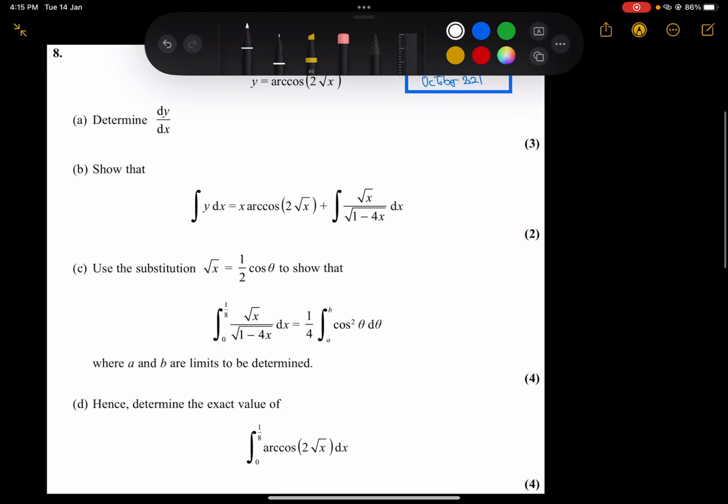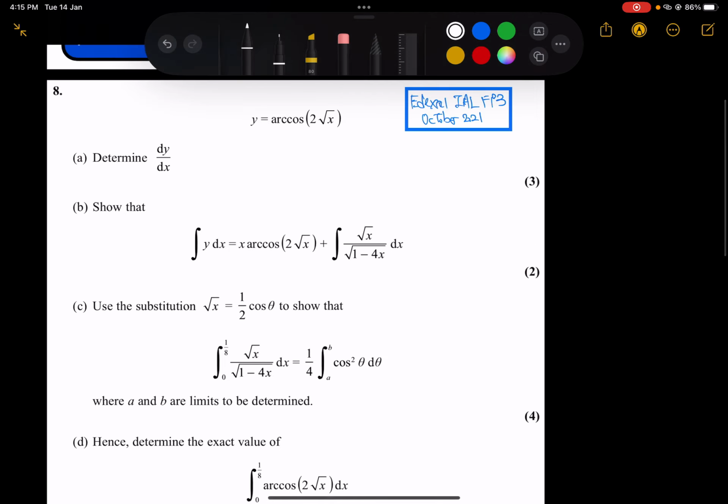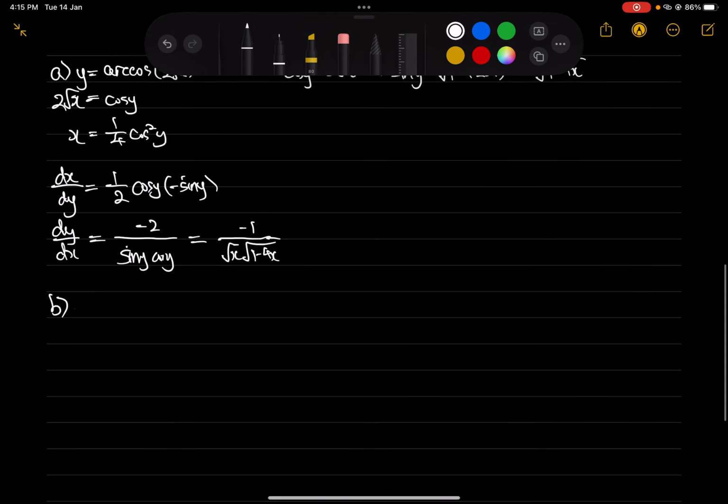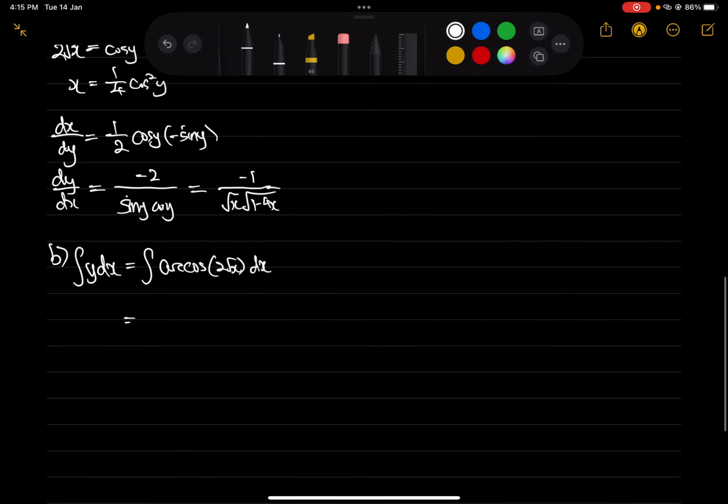Part B, well, this is just some basic by parts. So we want the integral of y dx, which is frankly just the integral of this dx, which means we have x times arc cosine of 2 root x minus the integral of x times the derivative of arc cosine of 2 root x.